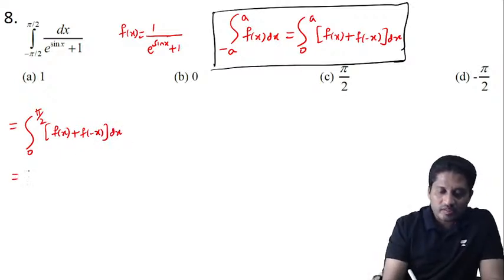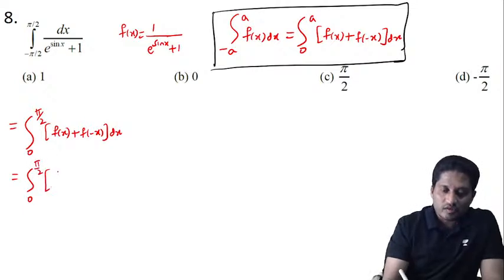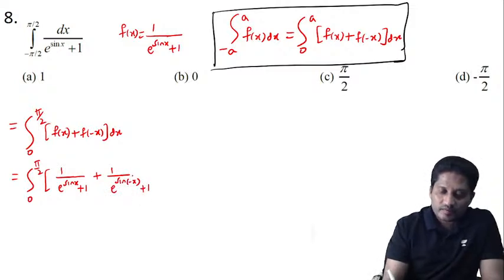The limit is 0 to pi by 2, f of x is 1 over e to the power sin x plus 1, and then plus f of minus x is 1 over e to the power of sin of minus x plus 1, and then this is dx.